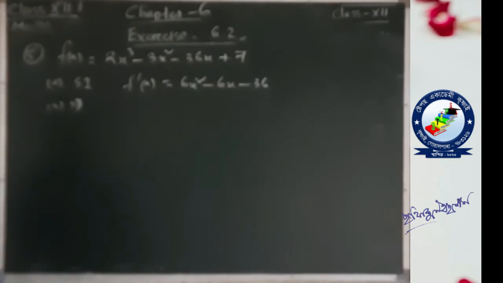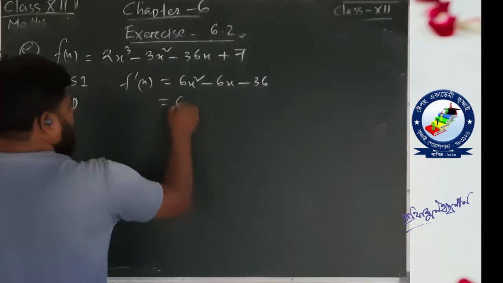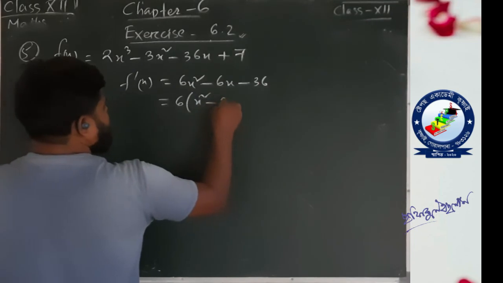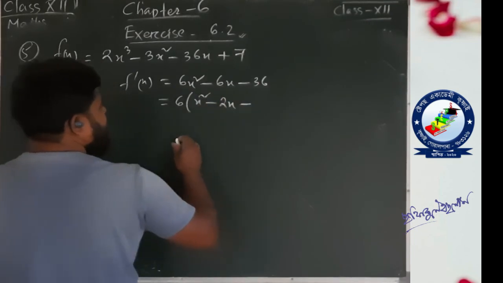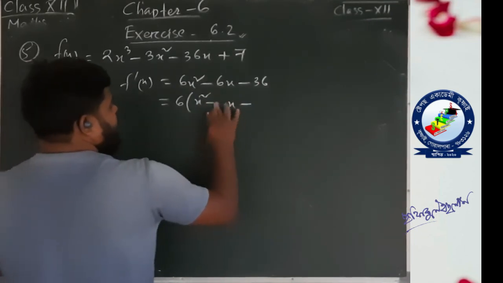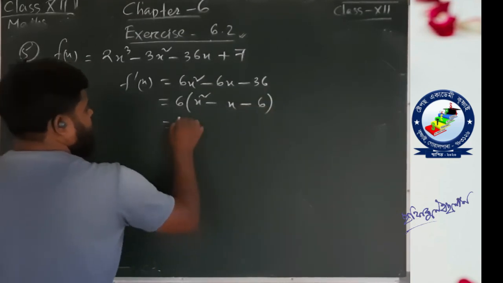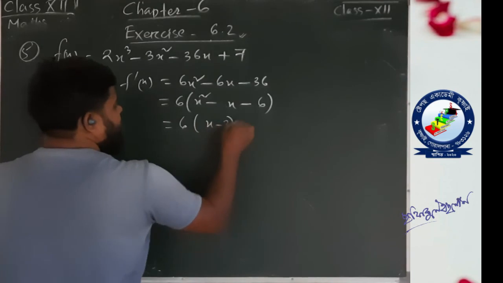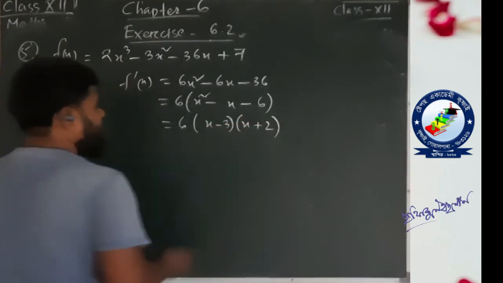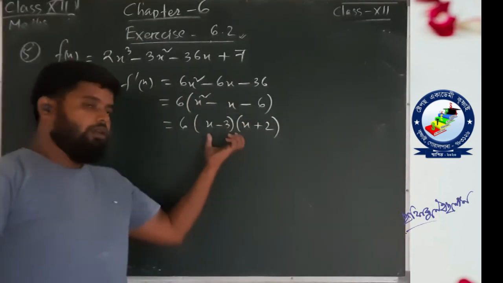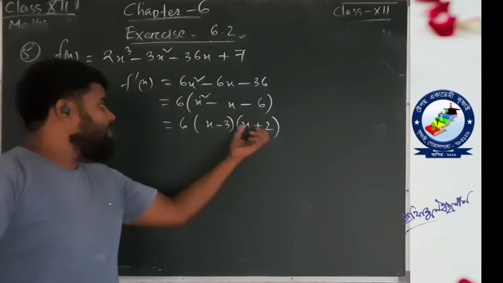So if I take 6 common, it is x square minus x minus 6. If I factorize this, it will come x minus 3 into x plus 2. I have factorized this.